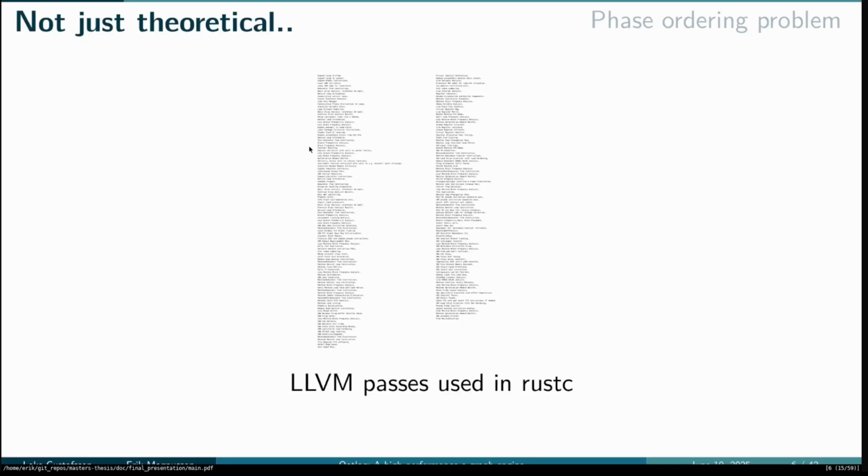If it takes some time to run each pass and you have 100 passes or even more, that takes a lot of time. And even figuring out, as a compiler developer, in what order to run the passes, and whether some passes need to be run multiple times, and then hard coding that into your compiler, is a real mess to handle.